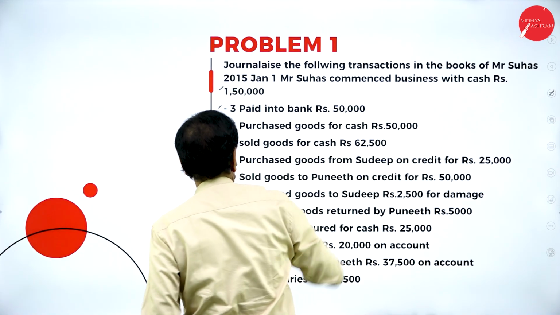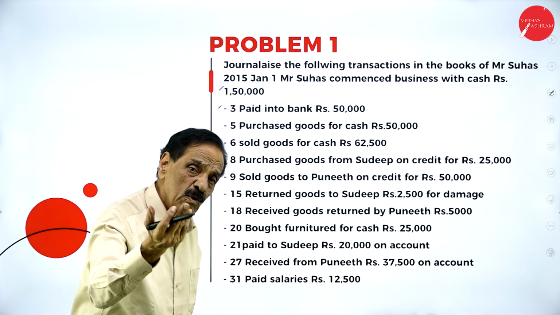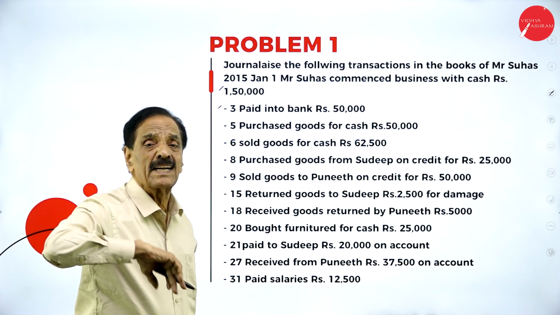First over, 3 over, 5th. Purchased goods for cash. So goods is coming in, cash is going out. Debit what comes in, credit what goes out.